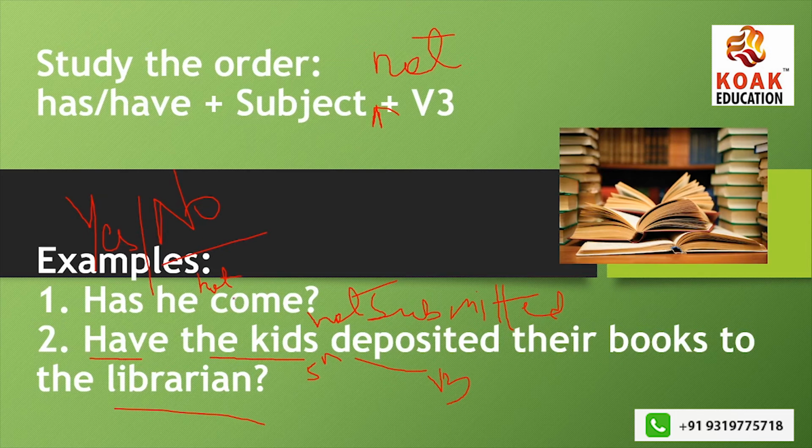So the ones that we are doing, because any question that starts with a helping verb has a yes or no answer to it. If I say has he come, you can say yes, you can say no. If I say has he not come, you can again say yes or you can say no, right? So this is what I have been telling you.